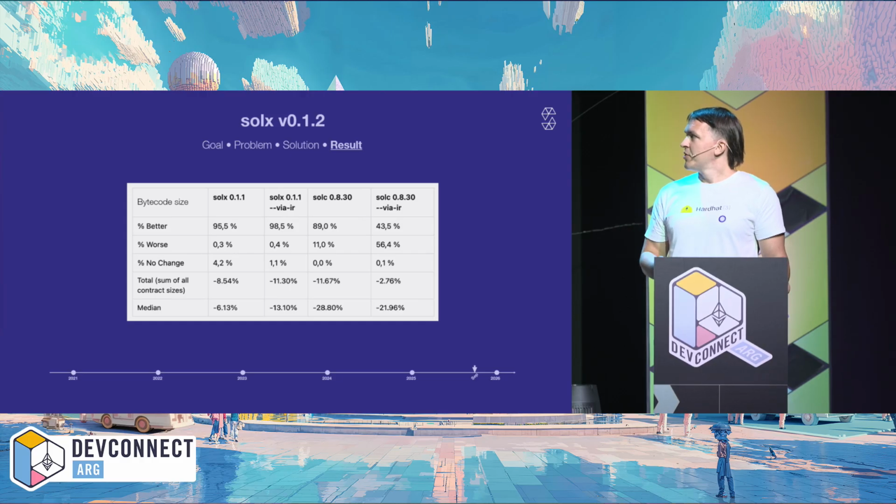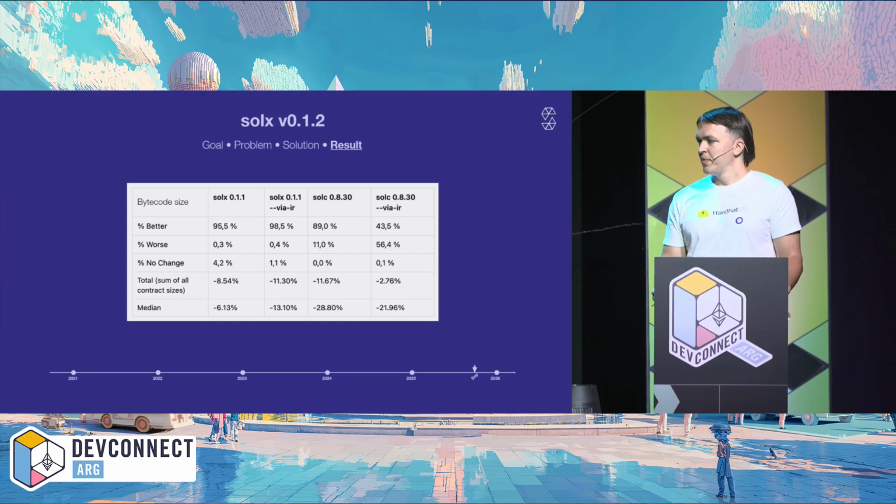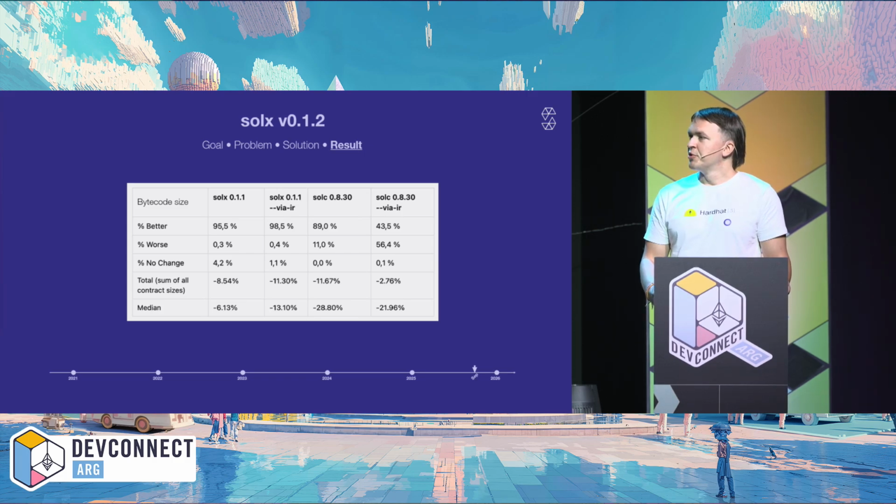So these are the bytecode size benchmarks. We are roughly 50-50 on par with Yul because we are still preferring gas to bytecode size, but on median, we are 11% smaller than the Yul pipeline and 28% smaller than the EVM assembly pipeline.